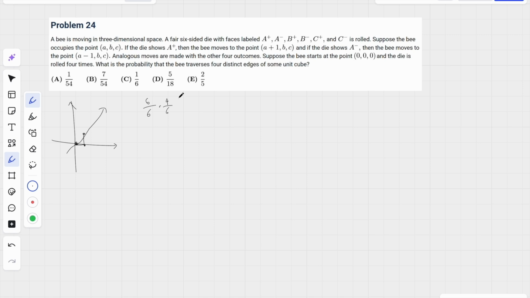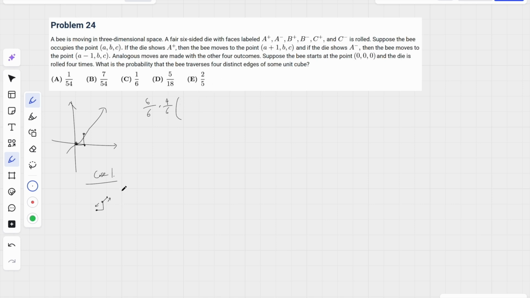Now here it splits into 2 cases. Case 1. The bee extends into the 3rd dimension. Here it has 2 choices. It can either go this way or this way, which would extend into the other dimension.